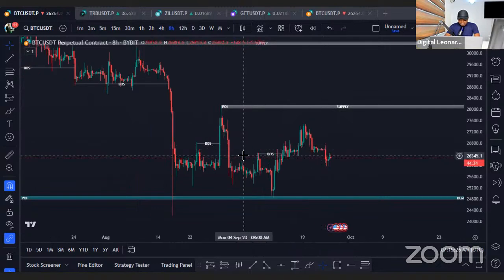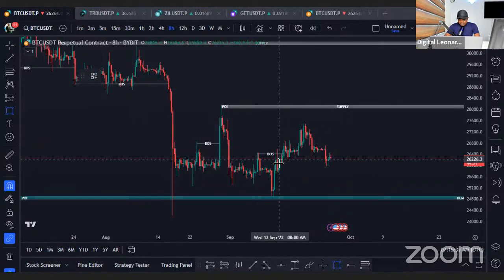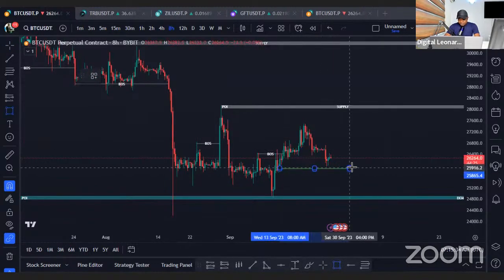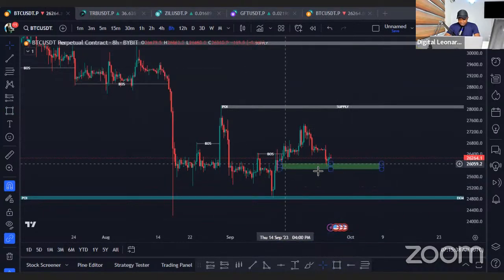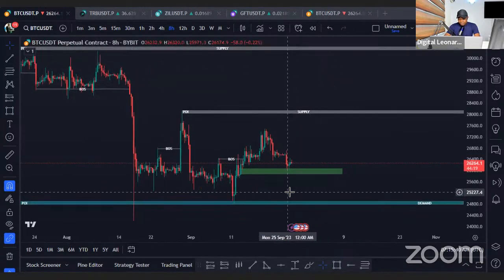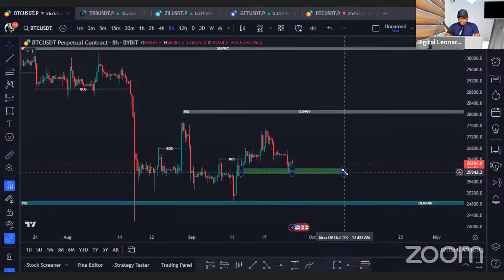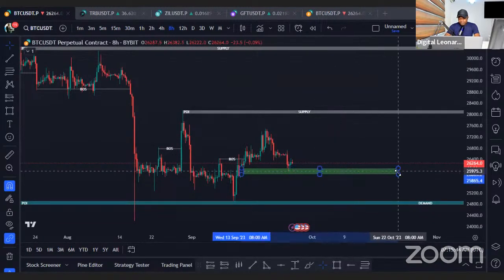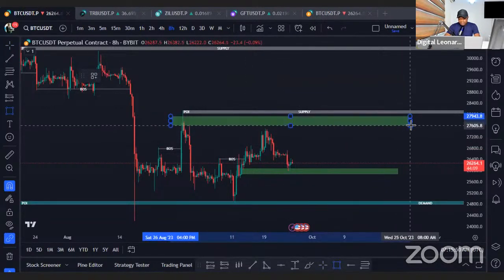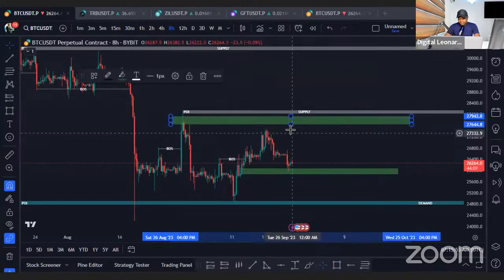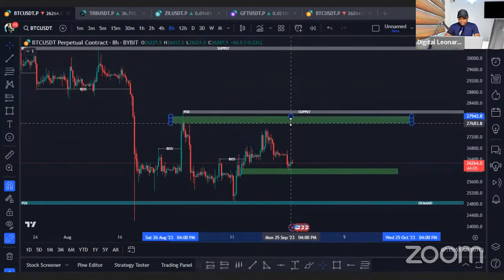But as it seems right now, BTC has failed to go up to that level. Anyway, this month is coming to an end. Right now, I do have a support around this area, and I have this resistance up there at around 27 to 28K.